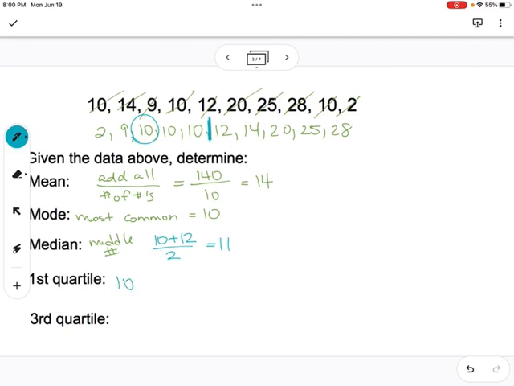And in the second half of our data, we have 5, so that third number again is going to be our third quartile. So the third quartile is dividing the upper half, and the first quartile is dividing the lower. So that third quartile is 20.